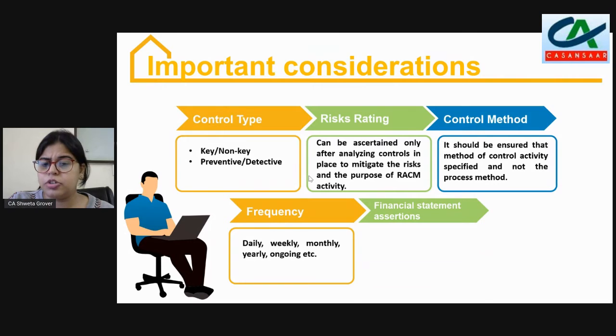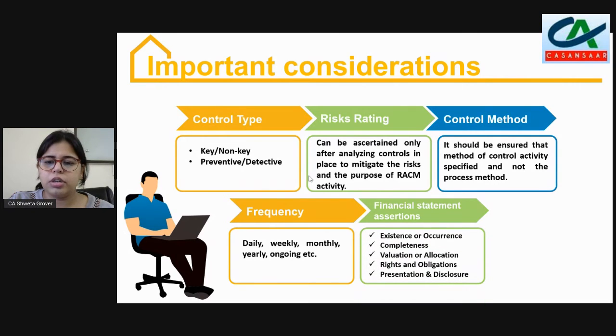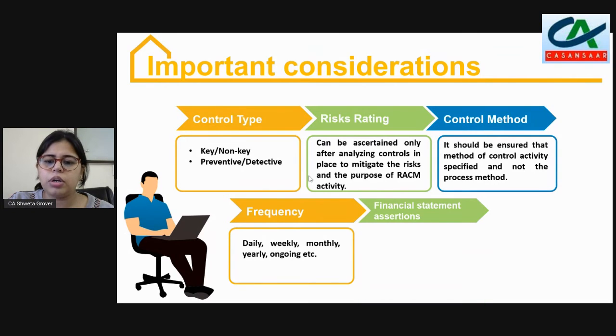Financial statement assertions, yes. Generally we don't capture these financial statement assertions while preparing our RACM for internal audit activity per se. When we are doing internal audit of a specific department or specific process and we are preparing the RACM, then we generally don't use it, because we are preparing that RACM for a particular process.